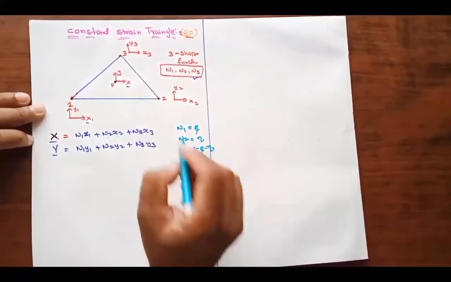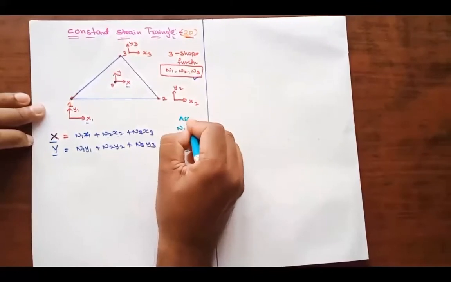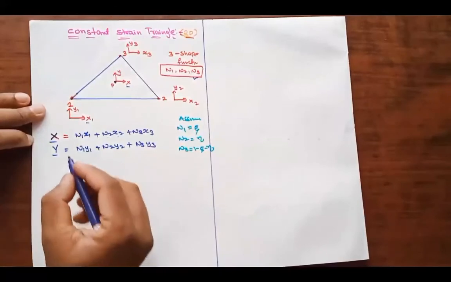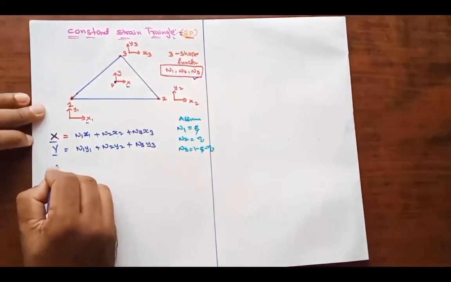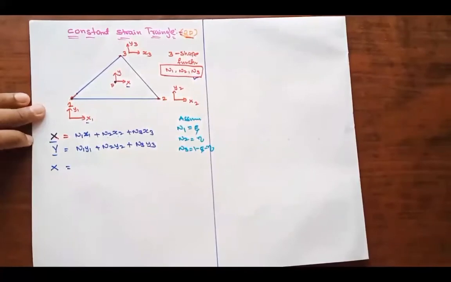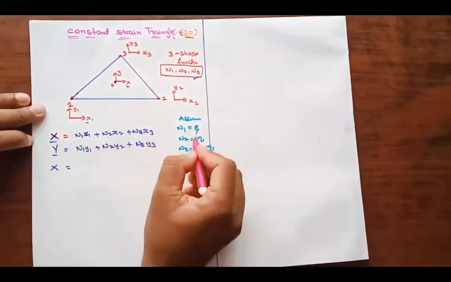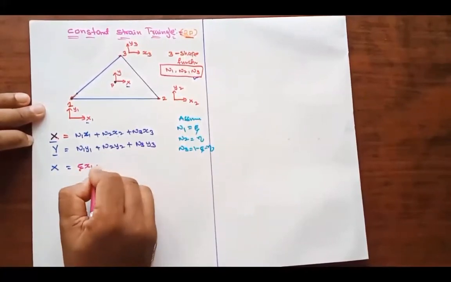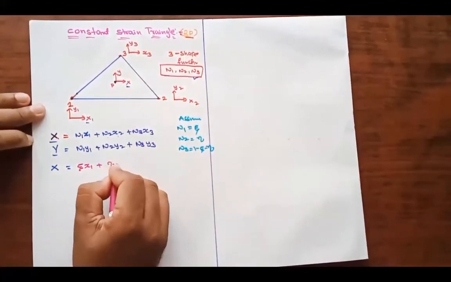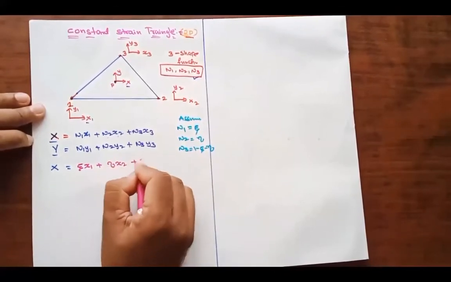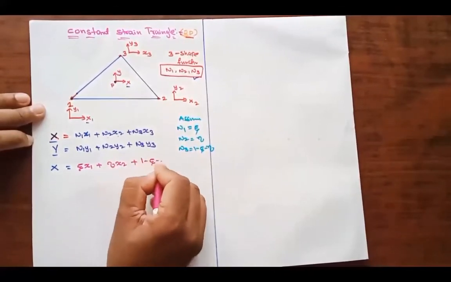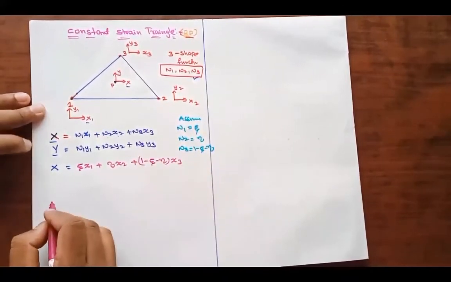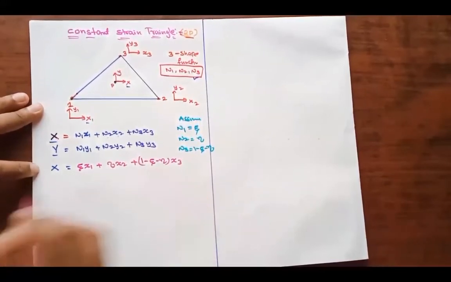Let us rewrite the above equation in zeta and eta. The capital X can be written as n1 as zeta times x1, plus n2 as eta times x2, plus n3 as 1 minus zeta minus eta times x3. Here let us separate the zeta terms and eta terms.